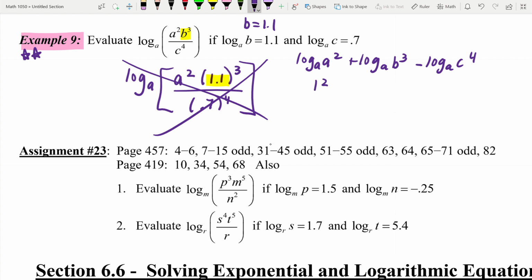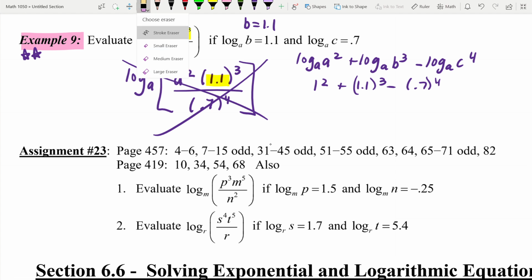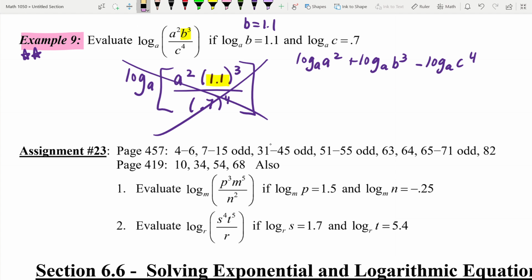They go, that's 1 squared plus 1.1 to the third minus 0.7 to the fourth, and they get it wrong. Why is it wrong? Yeah, that 2 is not an exponent. It's supposed to be down in front and multiplied by 2. The 3 is not an exponent. It's supposed to be pulled down in front. They didn't fully expand it. So just please be careful with that.